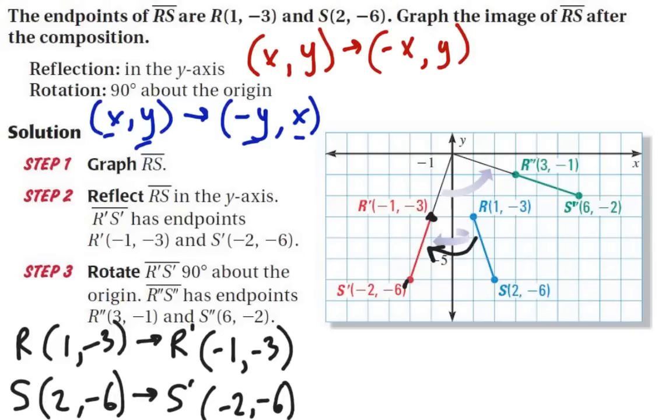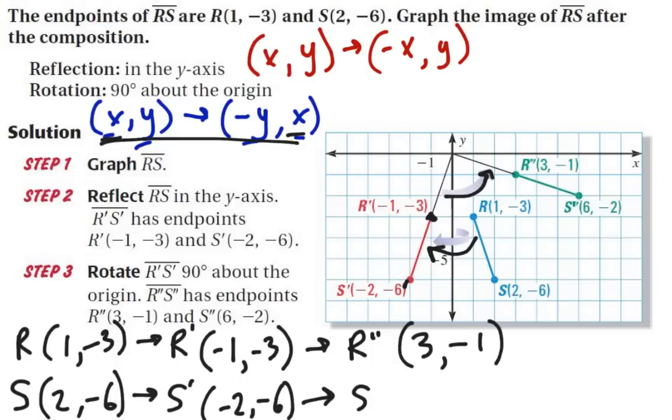And the next instructions are going to be to do a 90-degree rotation about the origin. So that's this part right here. That's going to lead us to R double prime, and again the instructions for that are up here. I'm going to use the y coordinate and change its sign, and that becomes the new x coordinate, so I get 3. And then I'm going to use the x coordinate as the y coordinate, so that becomes -1.